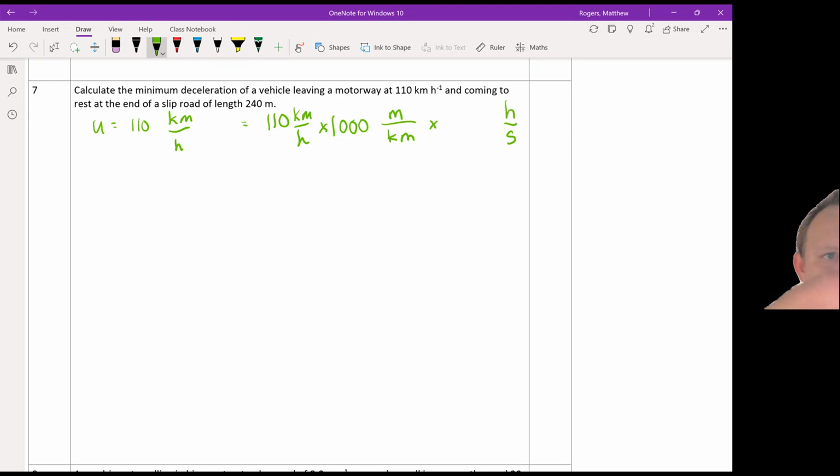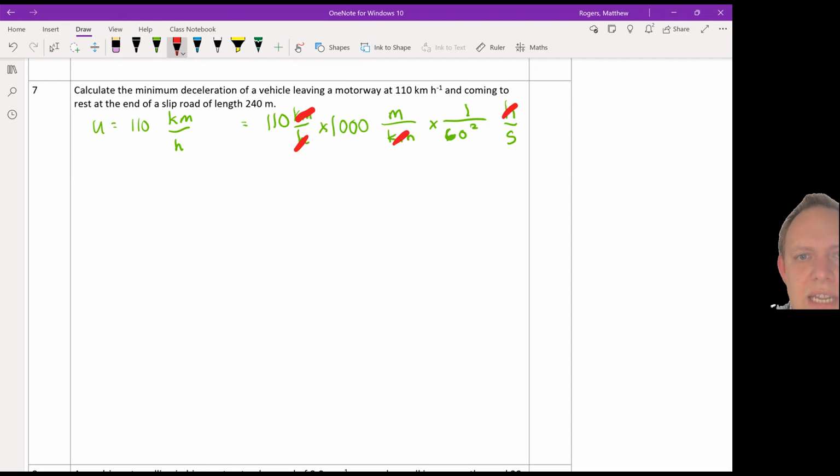We need to be careful because that's not the number of seconds per hour, it's the number of hours per second. So 1 hour has 60 squared, or 3,600 seconds in it. If I do this calculation now, again, the kilometers cancel out, the hours cancel out, and my only unit left is meters per second.